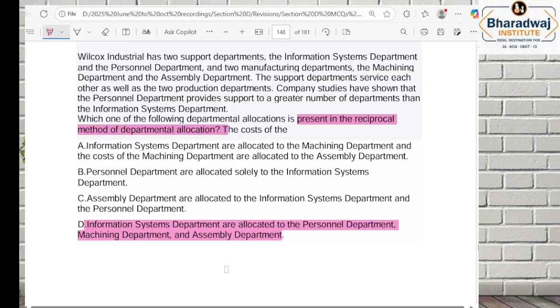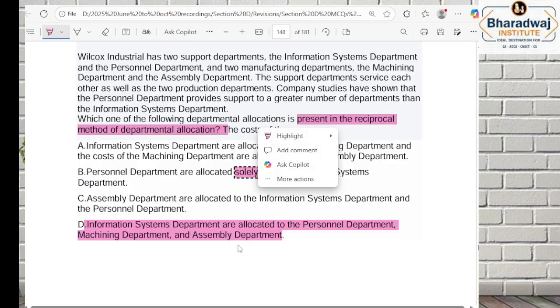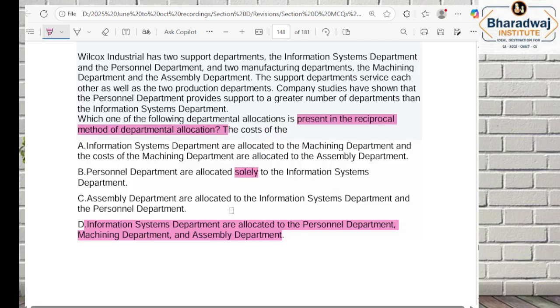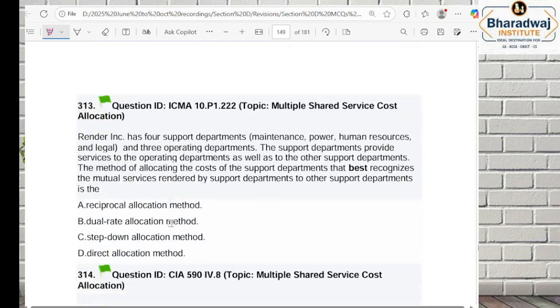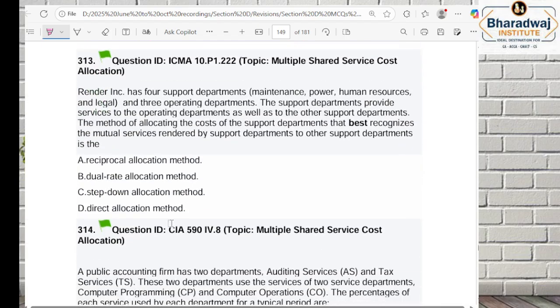Information system cost will be allocated to personnel as well as what? The other department. It cannot be solely. It cannot be this. D is the correct one. 313.